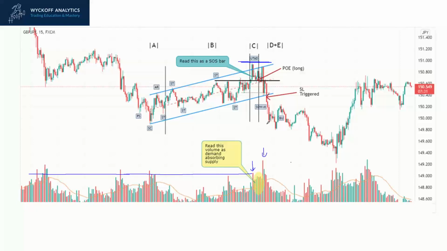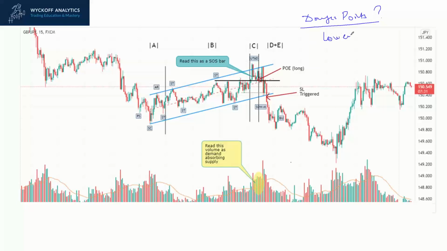Well, let me also give you a quick perspective that I have on the danger points as well. I mean, if we are chasing for those danger points, what are those? Those are just like the lowest risk entries for us. And the question becomes, what are those?